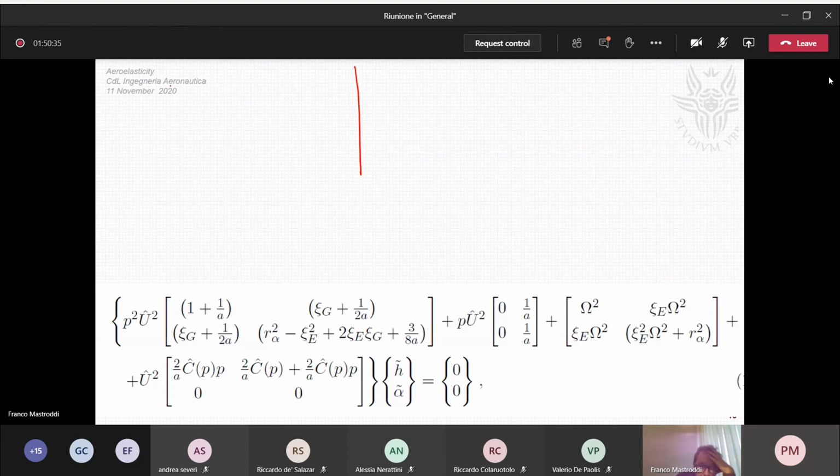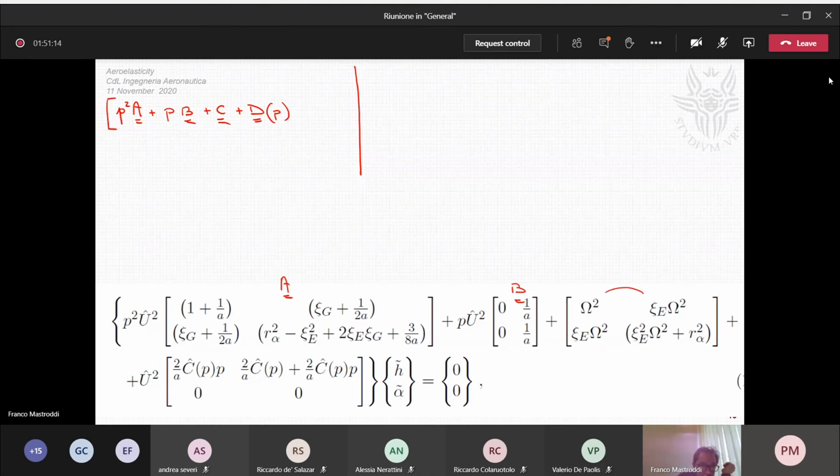We have P square by a matrix A. This is A. You have plus P by another matrix B. You have a matrix C. And you have a matrix depending on P. You have a D depending on P as well, in a complicated way.